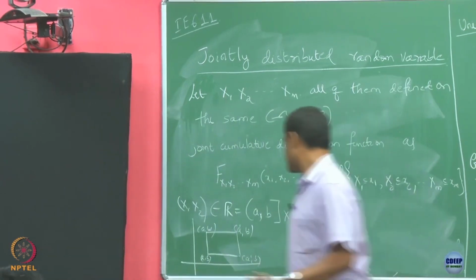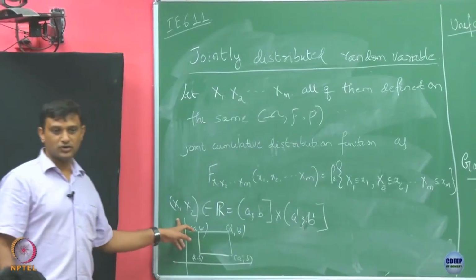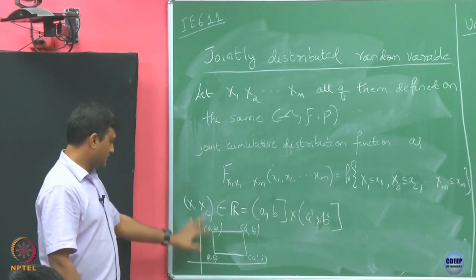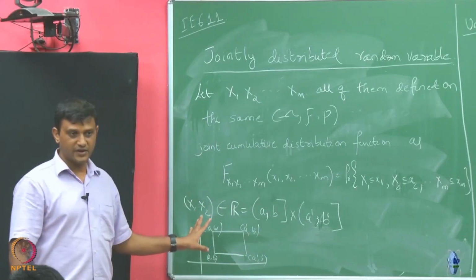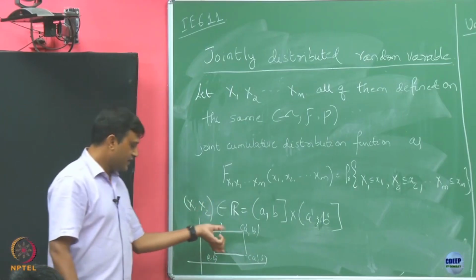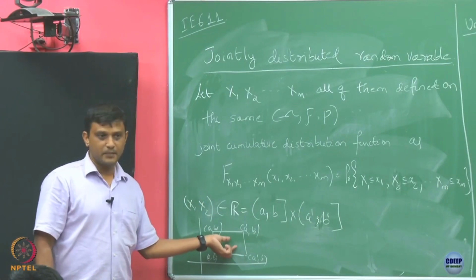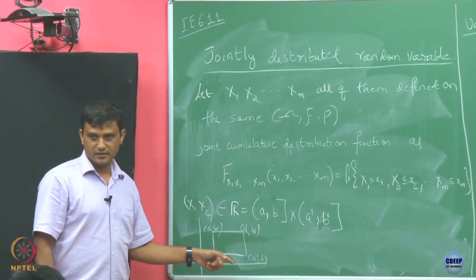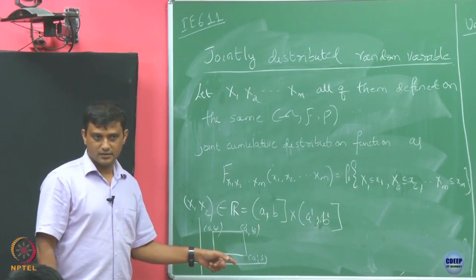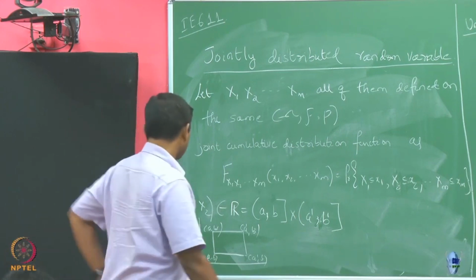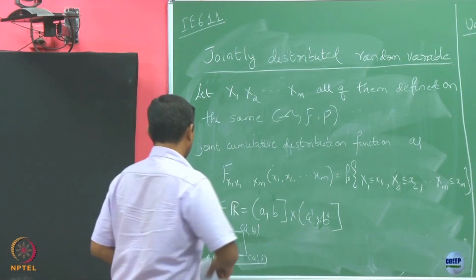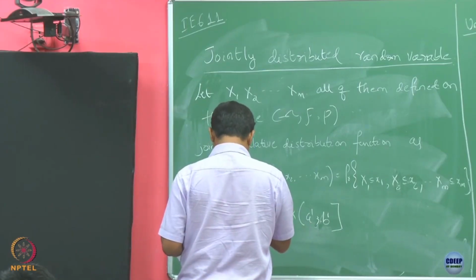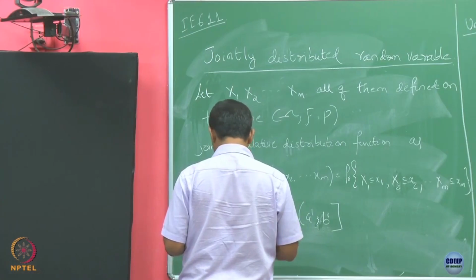So you understand this: I have x1 and x2, both taking real numbers. This is the entire two dimensional plane, and I may be asking what is the probability that they take values in some particular region R, and that region here is a rectangle. How do I represent this?